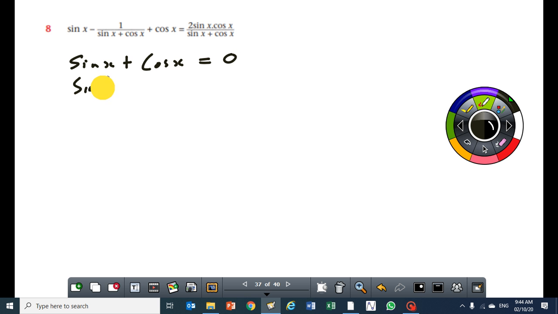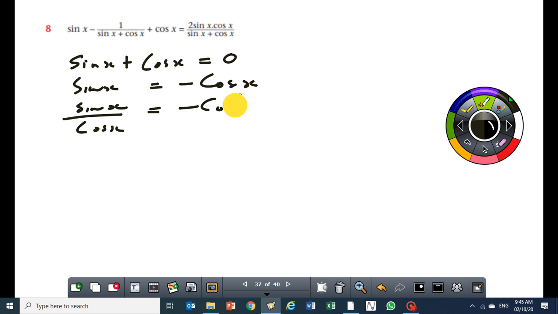So you take the cos x to the right, where it becomes minus cos x. We don't have tan in this, but we are going to create tan from here. We divide both sides by cos x. Once we divide, we end up having tan x equal to minus 1.